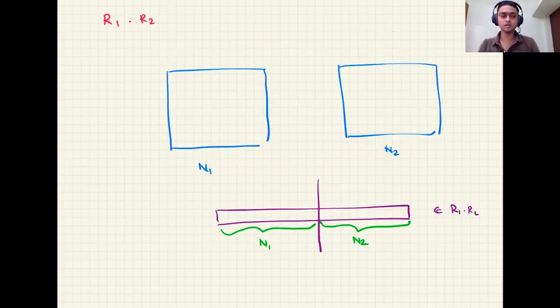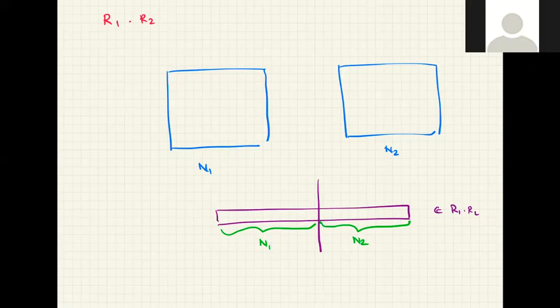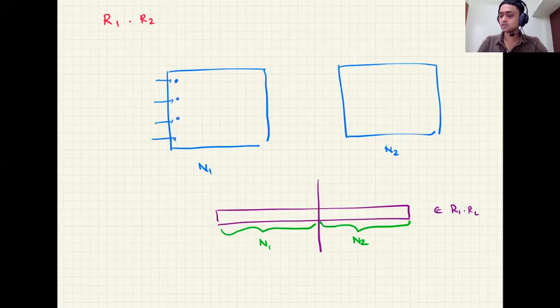So how do we do it? People who have already seen this construction, please don't respond. But anyone, any ideas? So I start reading my string. N1 will have some initial states and final states.